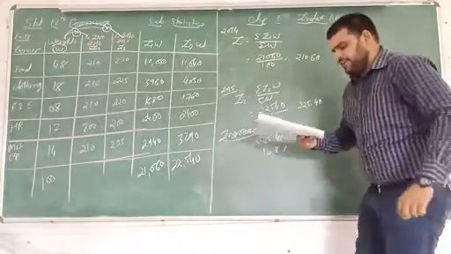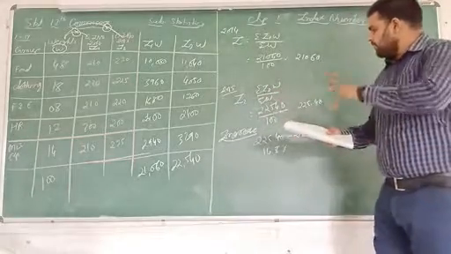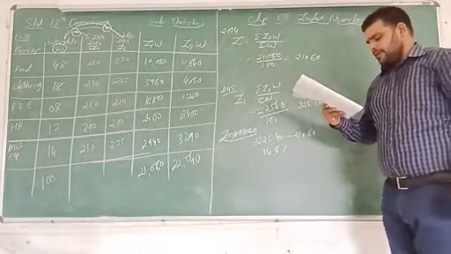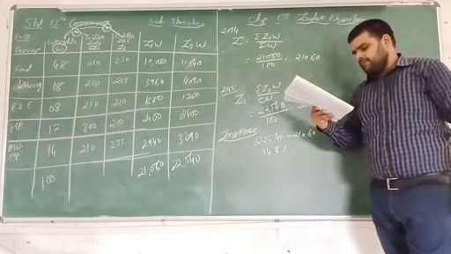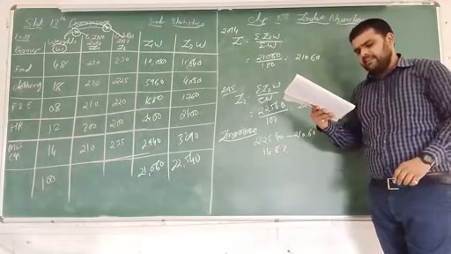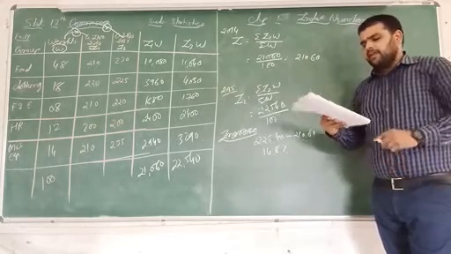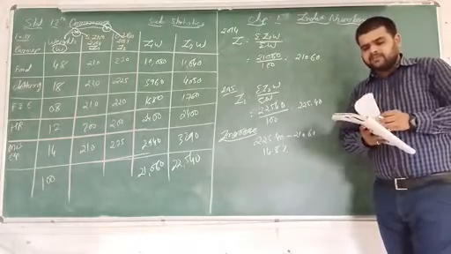So here we can say that there is a rise of 14.8 in the cost of living of workers in the year 2015 compared with the base year, that is 2014.